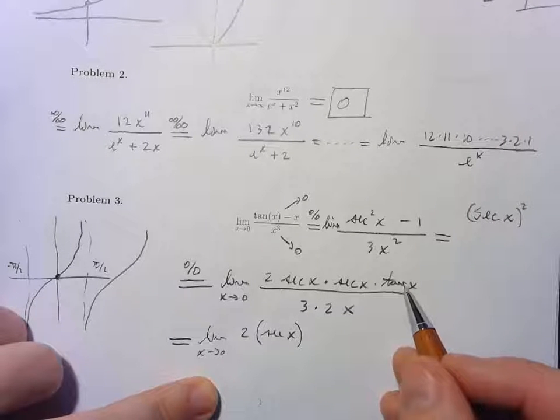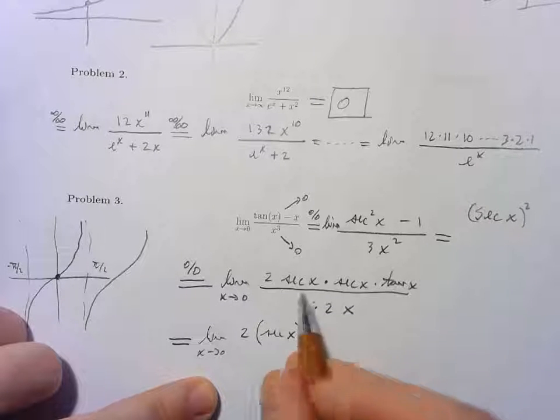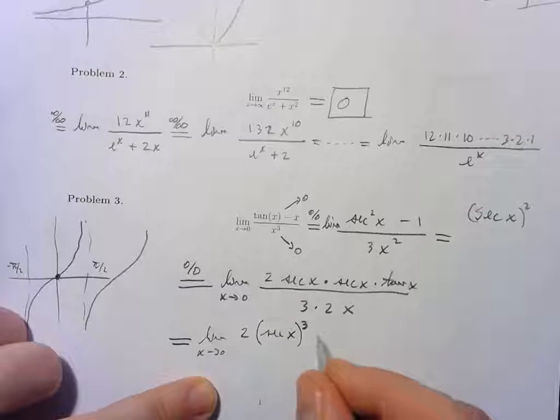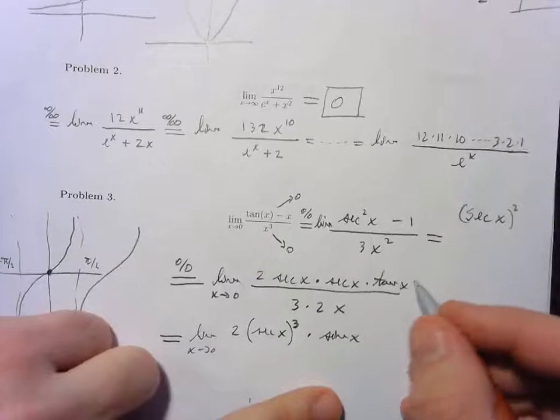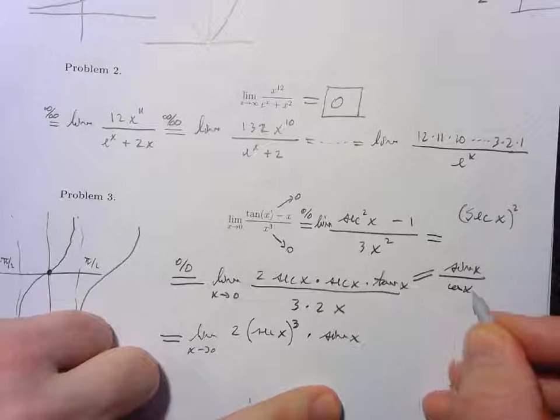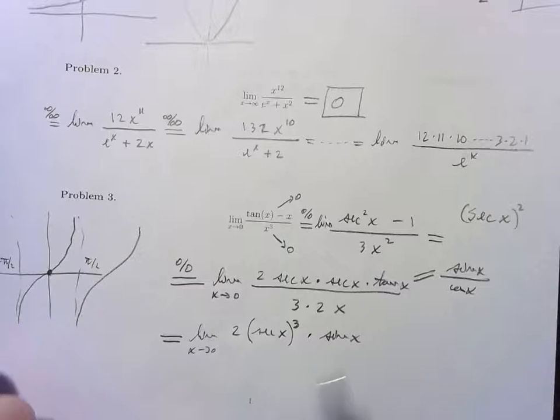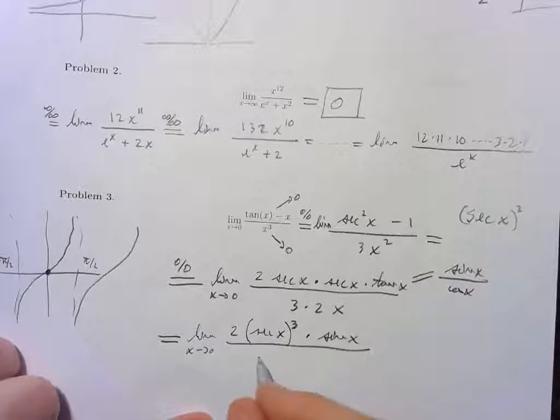But I have another 1 over cosine from the tangent. So it's going to be, instead of secant squared, secant cubed times the numerator of tangent, right? Because this tangent is sine x over cosine x, which is the same as sine x times an extra secant, which I grouped over here. And this is now divided by 3 times 2x.